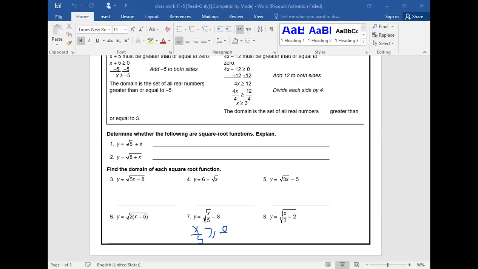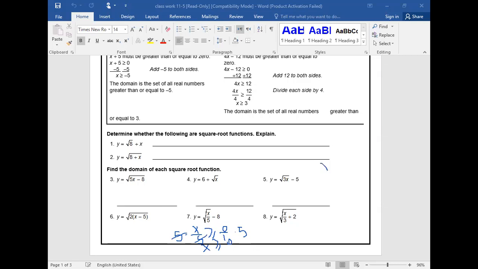Then we can make a cross product, or we can say that you will multiply both sides by 5, then by the end it will be x greater than or equal to 0, because you will cancel this together. Then we can say that the domain in this question will be all real numbers greater than or equal to 0.